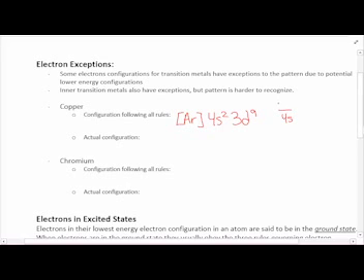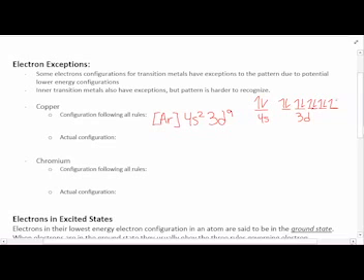So 4s would have 2 electrons, and 3d, which has 5 orbitals in it, would have 9. Taking a look at this, we have an open spot in 3d with everything else full. That would be what we would expect to have, but in actuality it's a bit different.